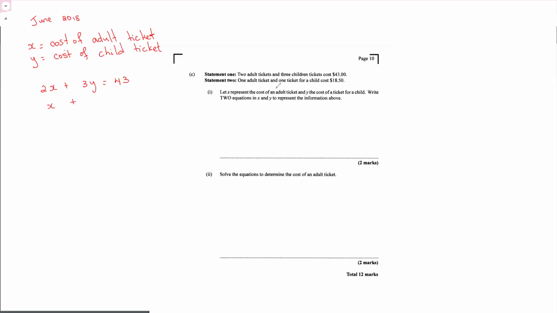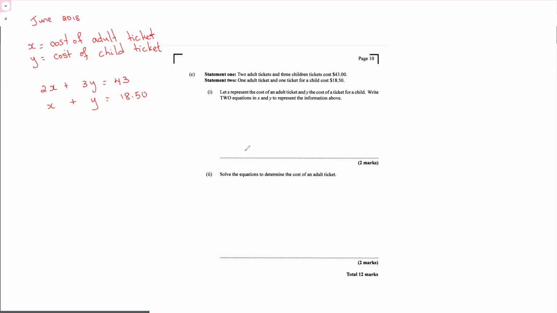And 1 ticket for a child, that's 1Y, is equal to $18.50. It says, write the 2 equations in X and Y to represent the information above. Right, so this is it. So this is part 1.